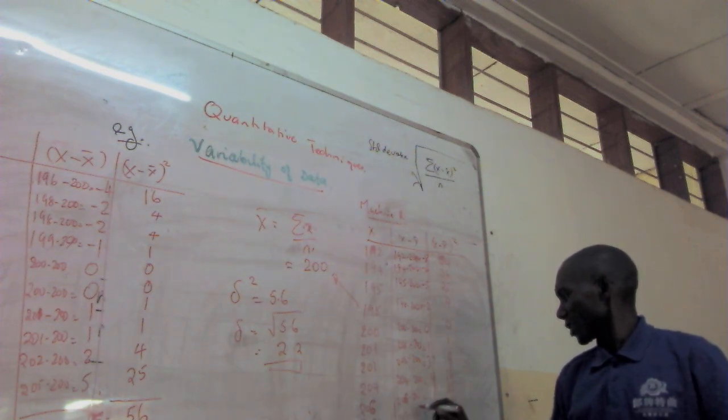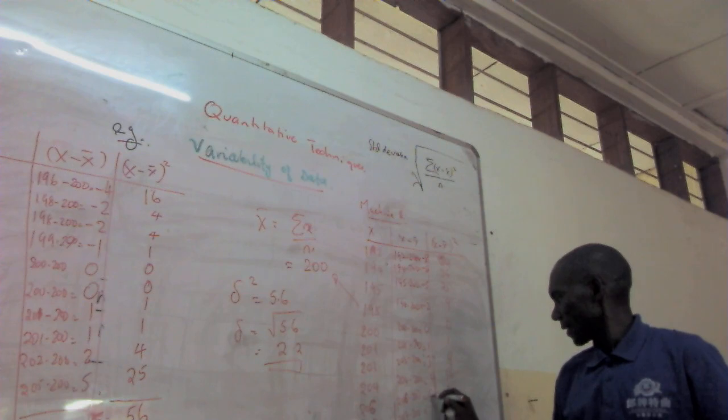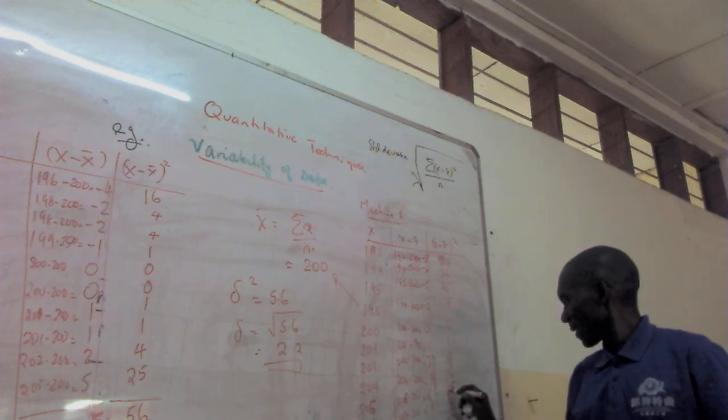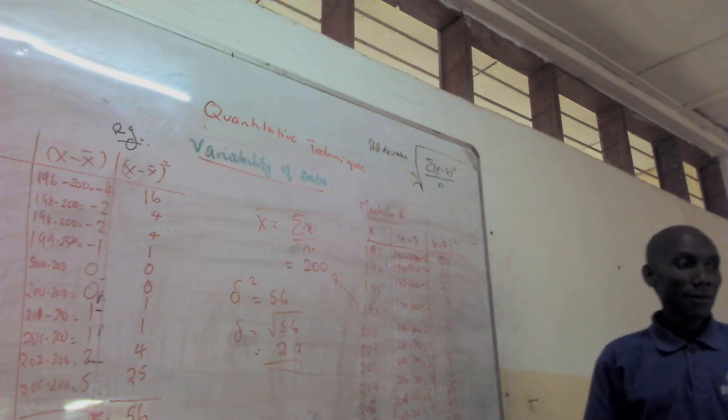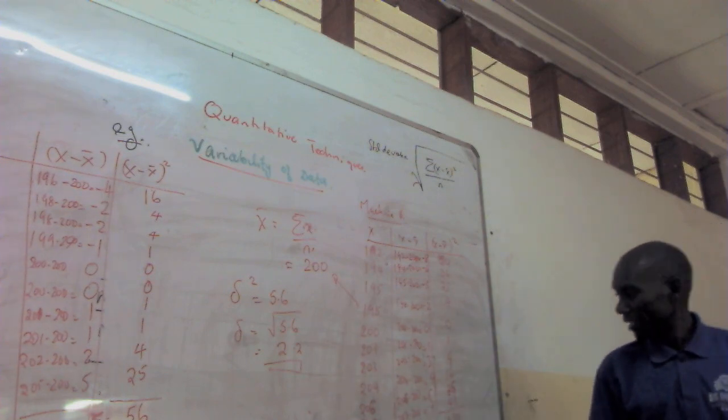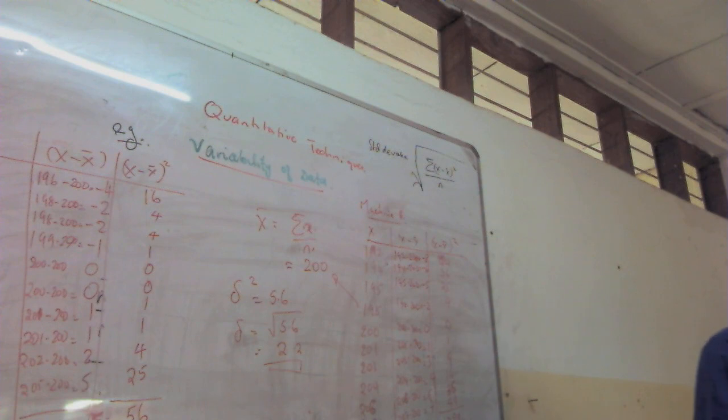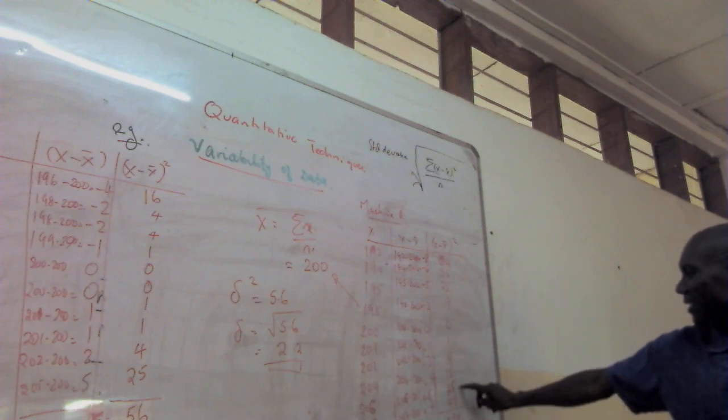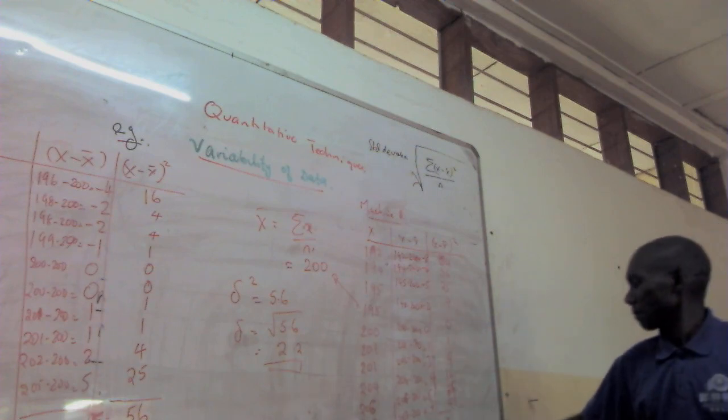So 206 minus 200 is 6, and 6 squared is 36. So it will be 36 and 49. 16, 36 and 49.